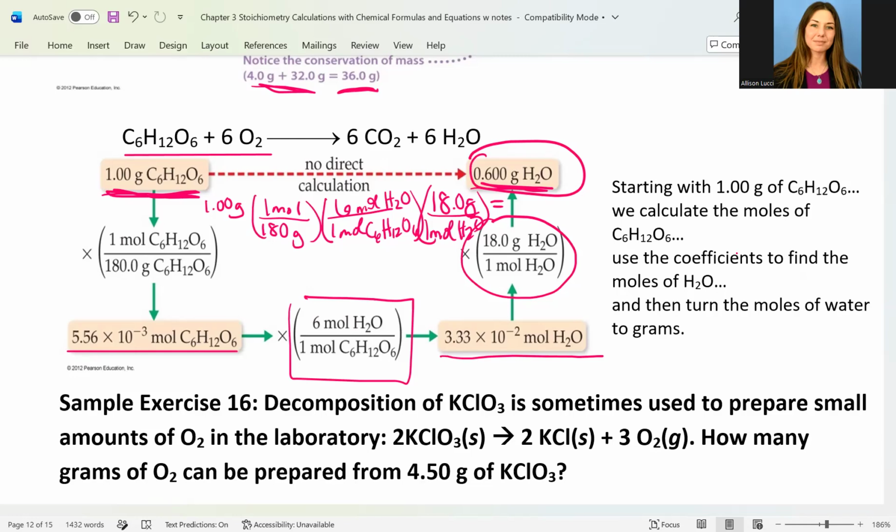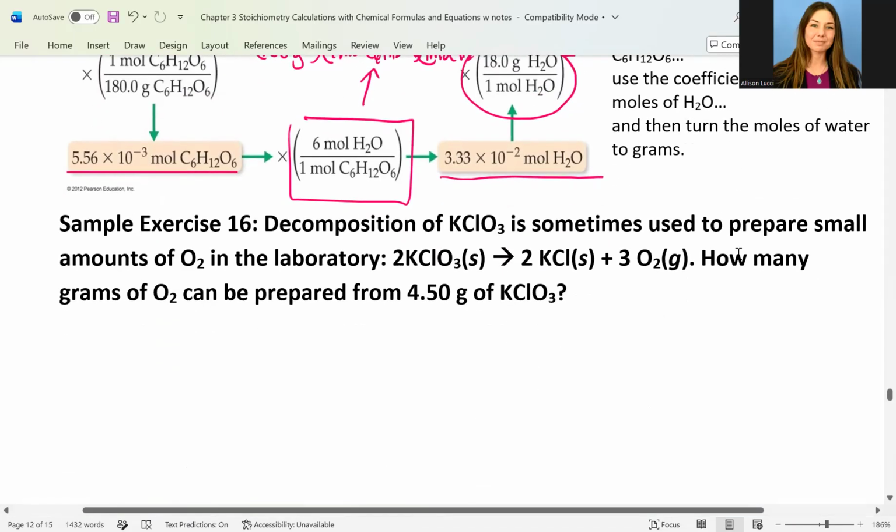And then at that point, use the balanced equation, like we did here, to say that for every 1 mole of glucose, we could produce 6 moles of H2O. And that molar ratio is this middle conversion factor. And then lastly, we multiply by the molar mass of what we're trying to find if we want our quantity in grams. So we can use this information to help us solve sample exercise 16 here.